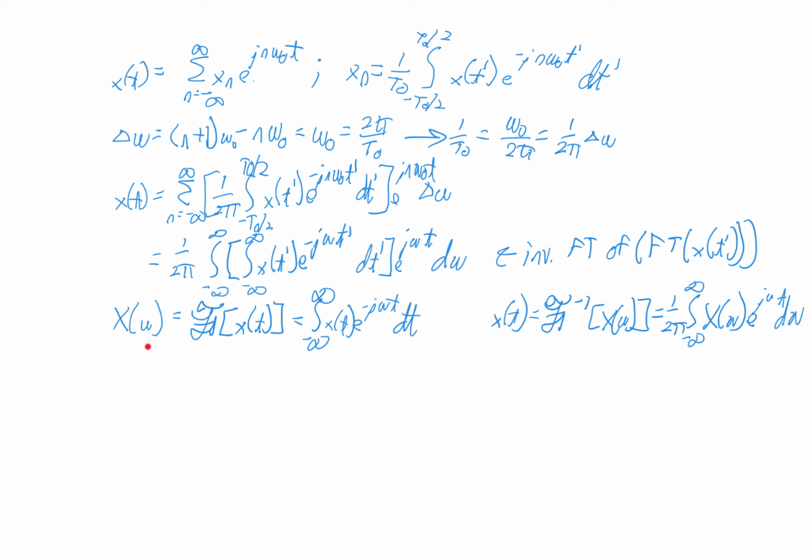Once we have this function X of omega, which tells us about the frequency content of the signal, and it will be complex valued in general, then we can go back to the original signal by doing this integral, which looks very similar, except it's plus j omega t here instead of minus j omega t. Remember this original minus j omega t came from the time reversal in the convolution formula when we derived frequency response at the end of chapter 2.